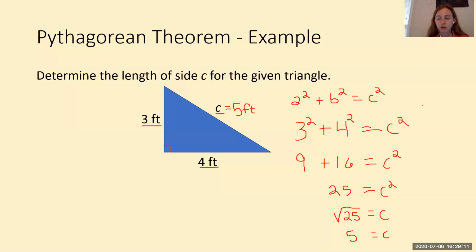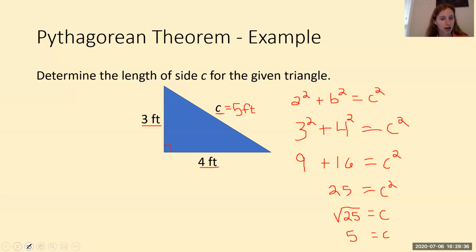So you copy down your formula, fill in the information you know. You simplify the calculations. So here we squared the numbers, added them together, and then the final step was taking that square root. And that's always going to be the final step when we are using this Pythagorean theorem formula.